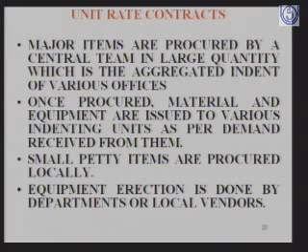Once this is procured, the material and equipment are issued to the various indenting units as per the demand received from them. And the small petty items are procured locally by the different locations at the plant.